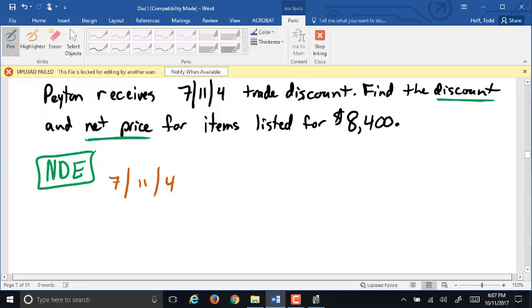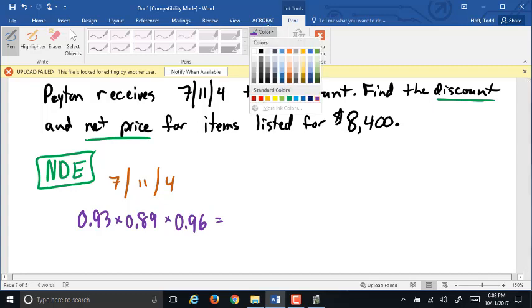But what's the 7 going to give us? 93, so 0.93. Times, what's the 11 going to give us? 89, so 0.89. Times, what's the 4 going to give us? 96, so 0.96. So it's just, again, 100 minus each of those numbers, and then the decimal points moved over to make it a rate.